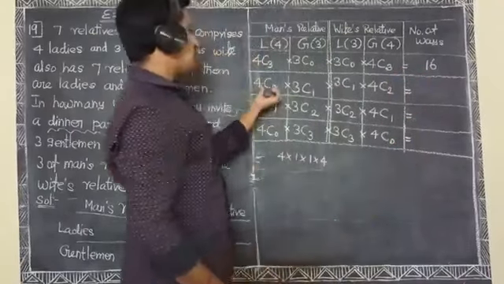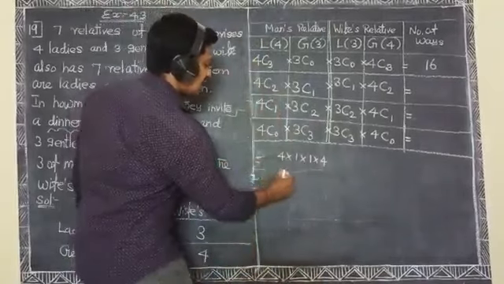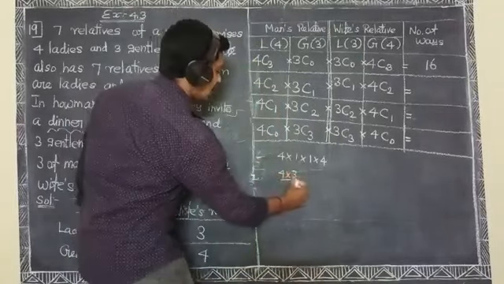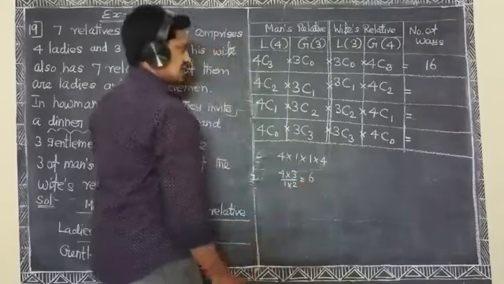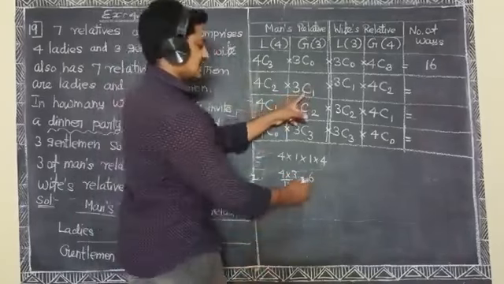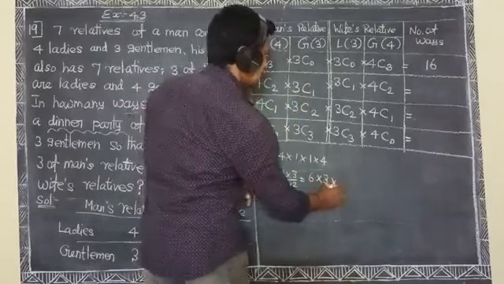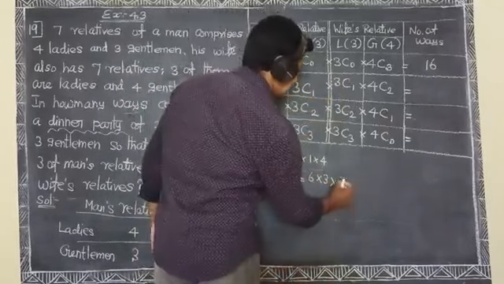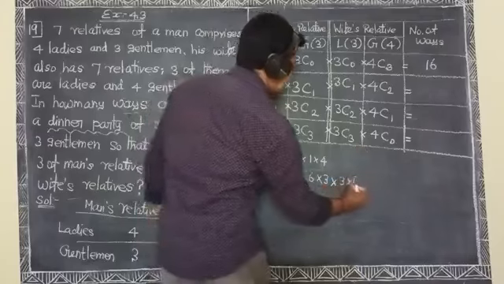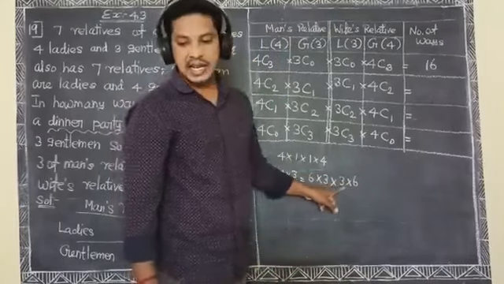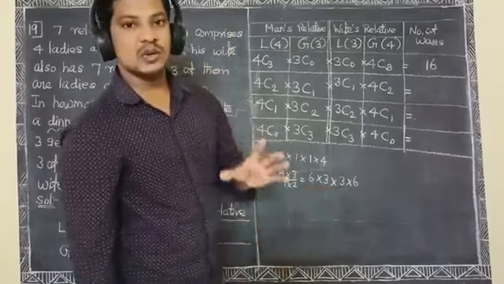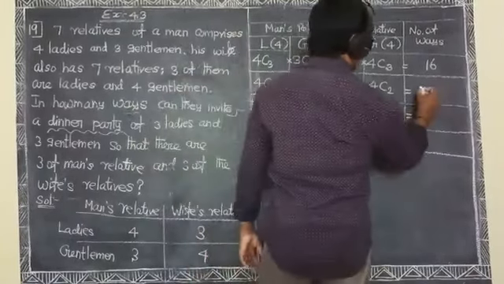Here 4C2: 4 into 3 divided by 1 into 2, simplify, we get 6. 3C1 is 3. 4C2 is 6, 6 sixes are 36, 36 into 9 gives 324.